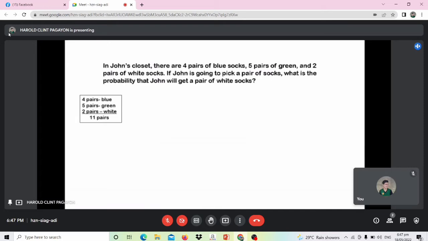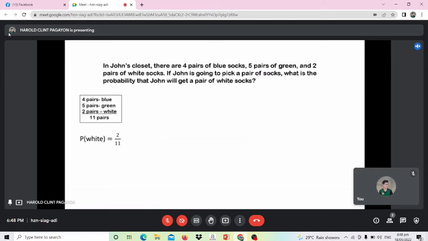Since we are looking for the probability of white socks that John will get, using the same formula, P of E is equal to the number of favorable events over the number of all possible events. So P of white, because white socks is what we are looking for, is equal to 2 over 11. So why does it become 2?